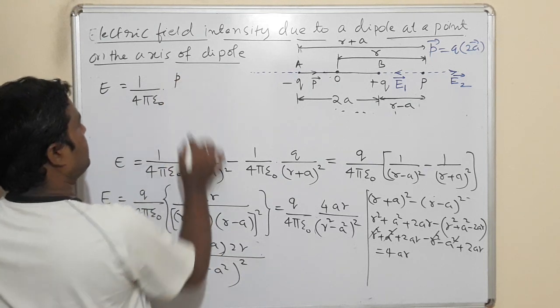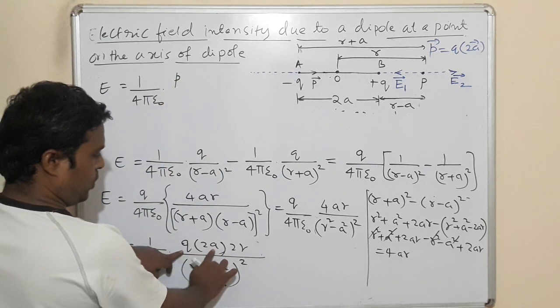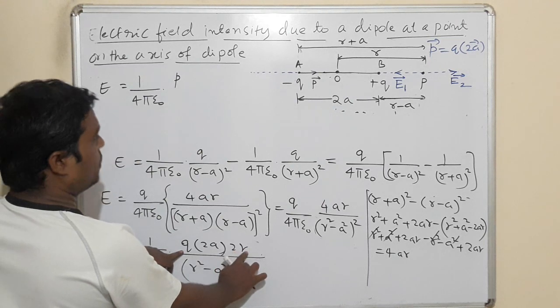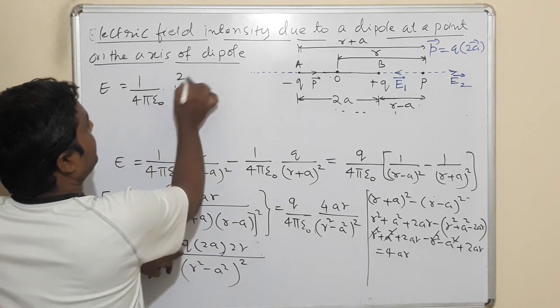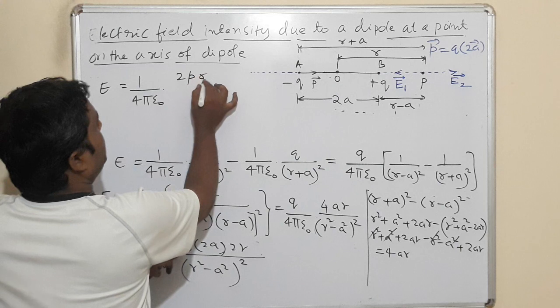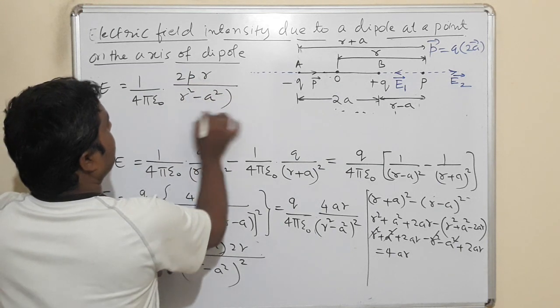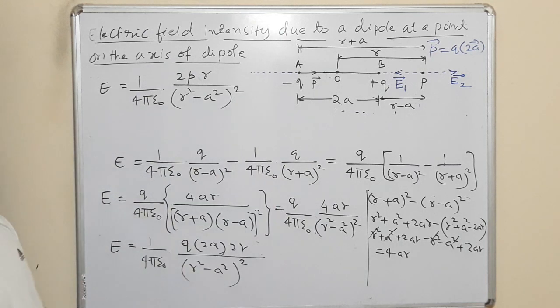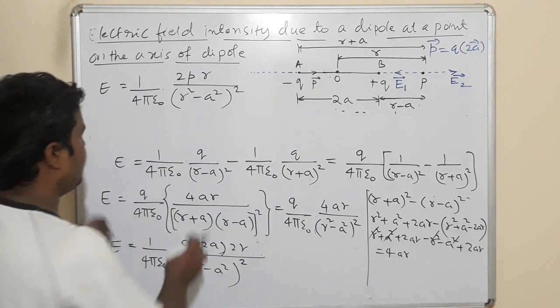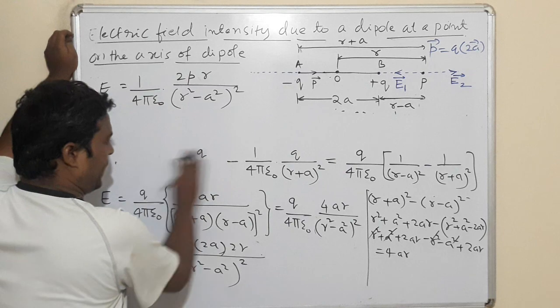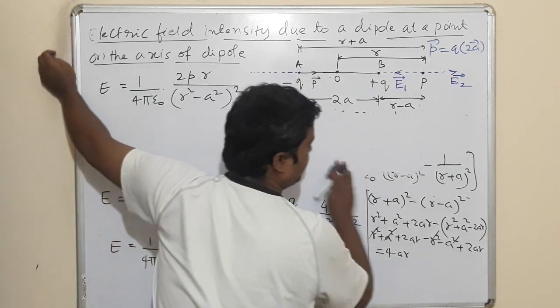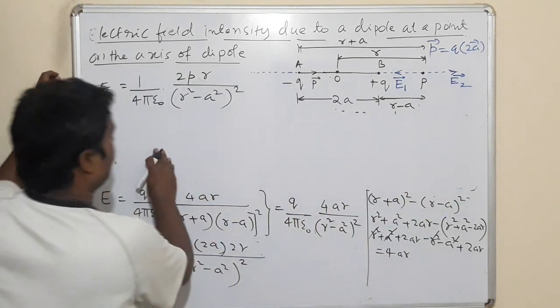Then this will be 2r, so I will write 2Pr divided by r square minus a square whole square. This is the electric field at that point P, which is taken on the axial line.